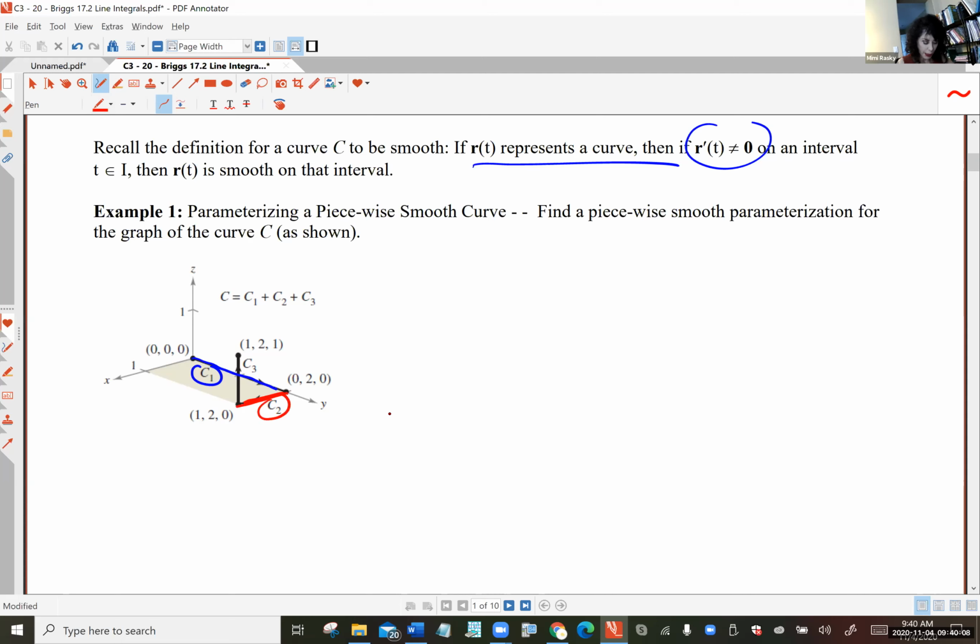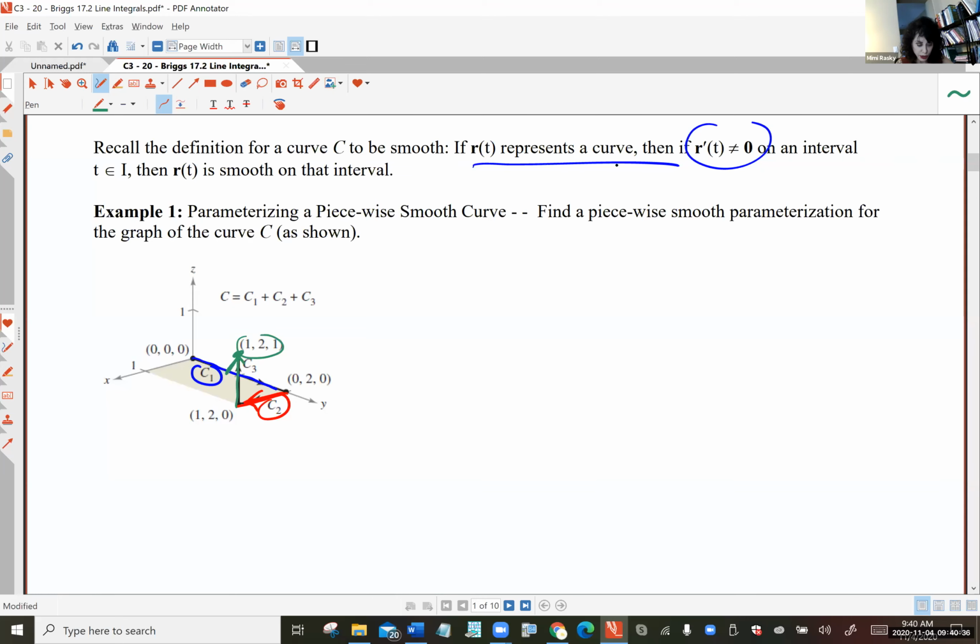There's C2, going in that direction. And then for the last leg, they strap on a jet pack, blast off, and go straight up, stopping at the point (1, 2, 1). So I'm going to parameterize all three legs of this journey with three different vector valued functions.